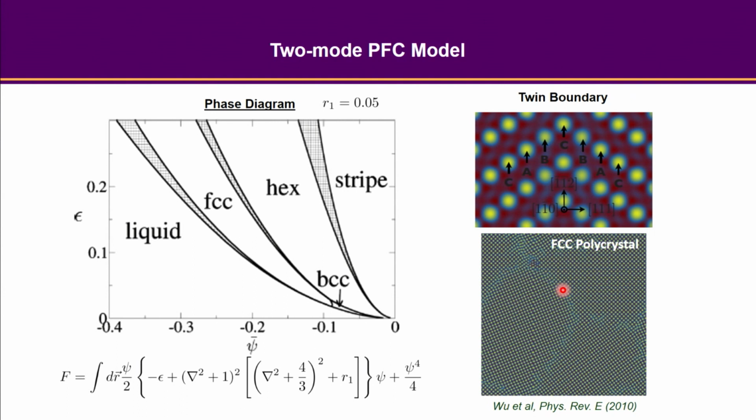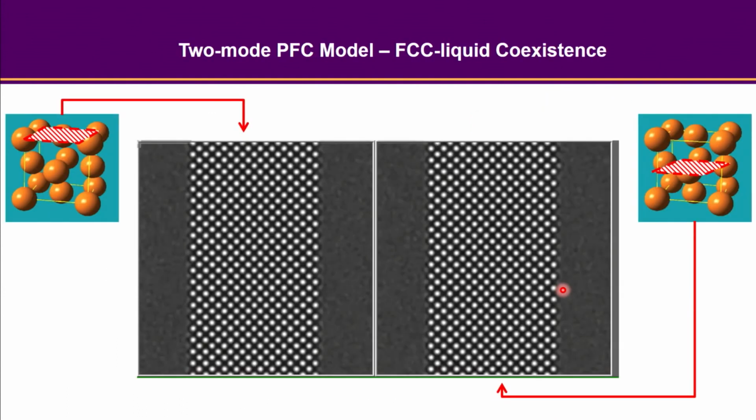Let me show you a couple more examples. For example, here I'm running a two-mode FCC-liquid coexistence simulation, but I'm choosing a larger epsilon, so I can see a very nice facet or step flow feature. So I'm actually adding some atom flow, or putting more density in the liquid.